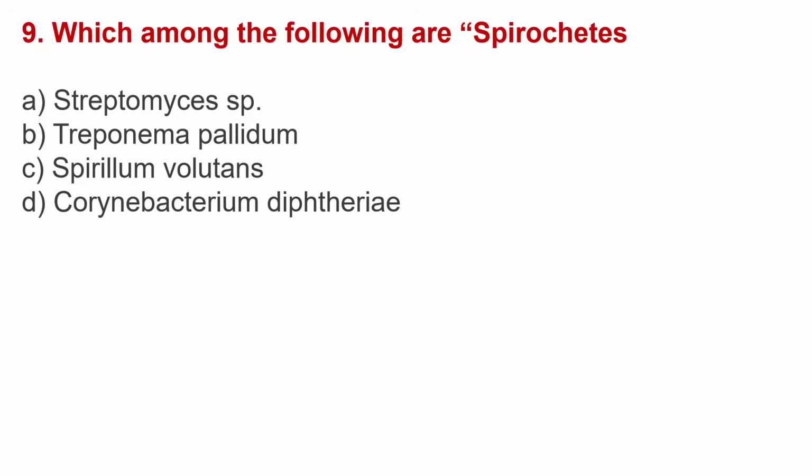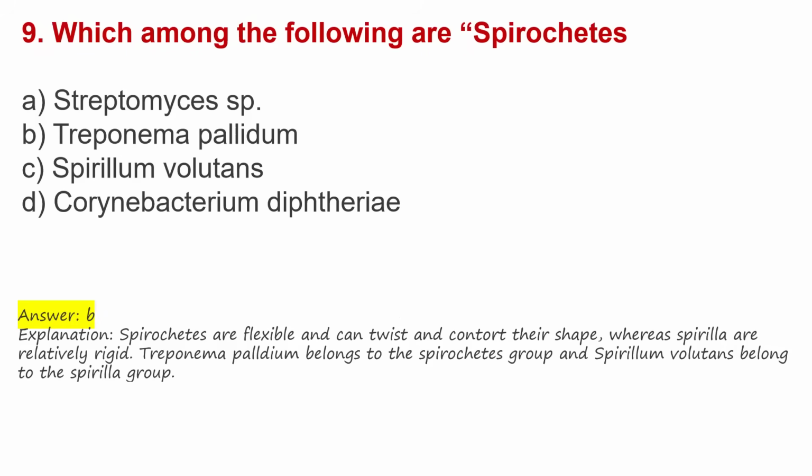Question 9. Which among the following are spirochetes? A. Streptomyces species. B. Treponema pallidum. C. Spirillum volutans. D. Corynebacterium diphtheriae. The answer is B. Spirochetes are flexible and can twist and contort their shape, whereas spirilla are relatively rigid.